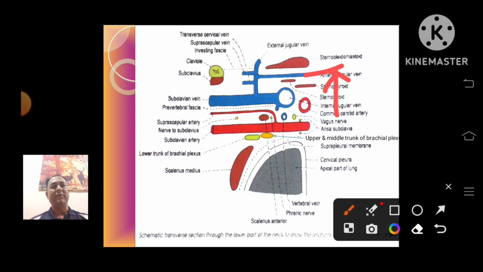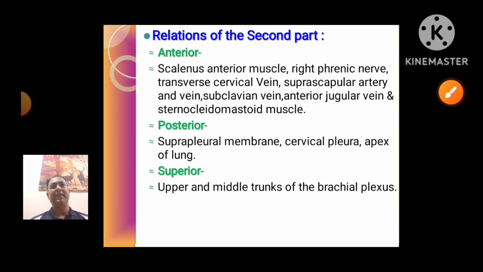Okay. So now the structures situated behind it, meaning posteriorly. Here you can see this is the lung, apex of the lung. Then the covering of the lung is called pleura, it is cervical pleura, and this dotted line is the suprapleural membrane. So three structures in the posterior part.